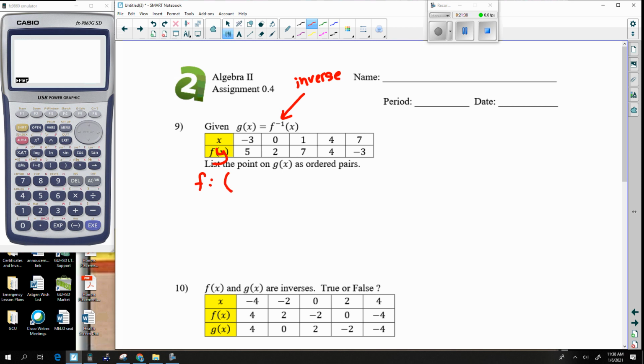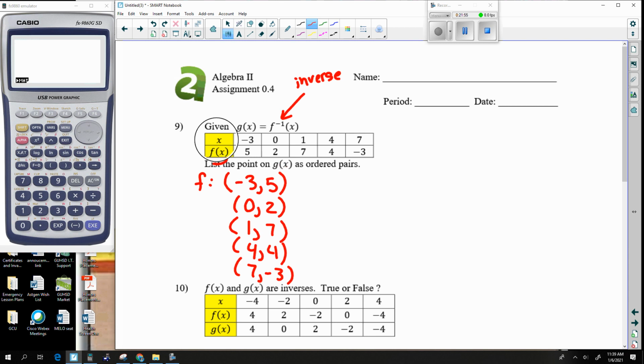So f has the points (-3, 5), (0, 2), (1, 7), (4, 4), and (7, -3), because those are the x and the y coordinates of the f function.